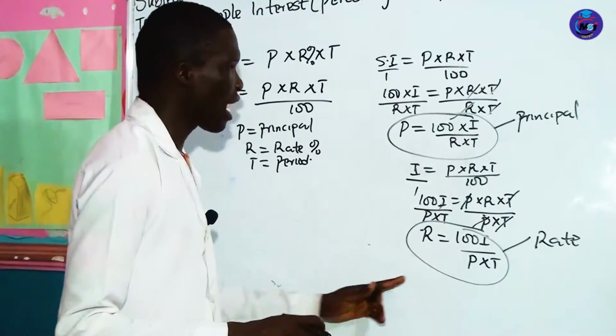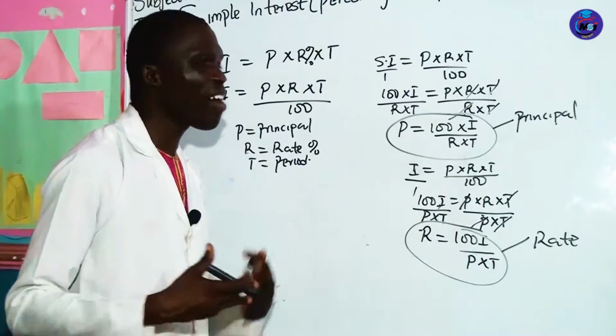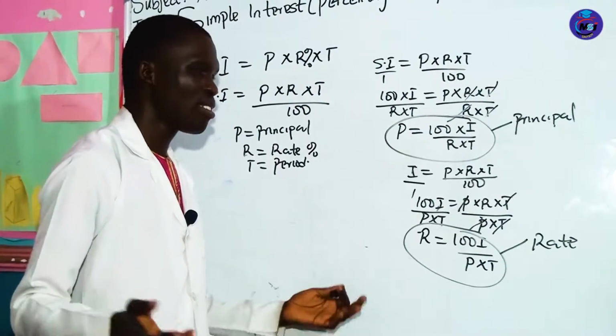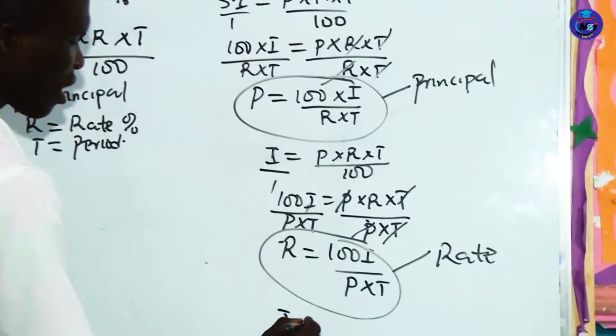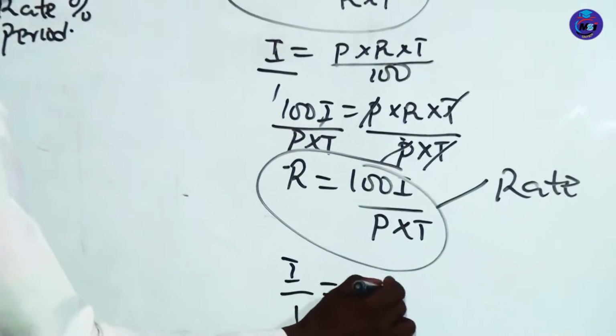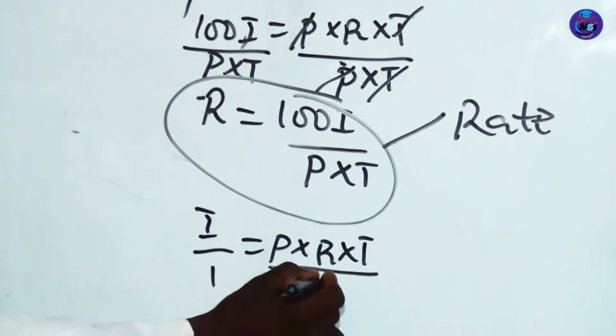Let's move forward. Now, we want to find T. How can we find the value of T? I don't need to repeat this again. Just bring I over 1 equals P times R times T all over 100.